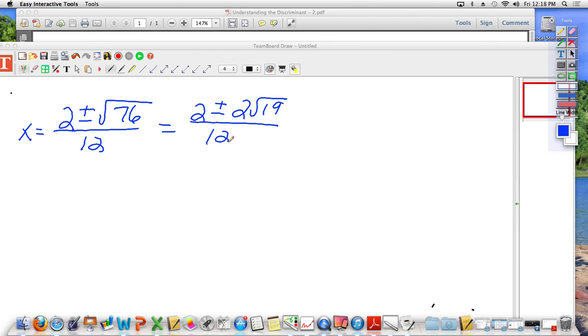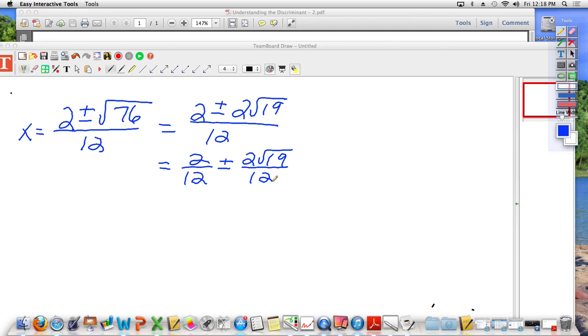What did we do next? Yeah, we made them into 2 separate fractions. So this is equal to 2 over 12 plus or minus 2 radical 19 over 12. I just separated them, made 2 fractions out of it.